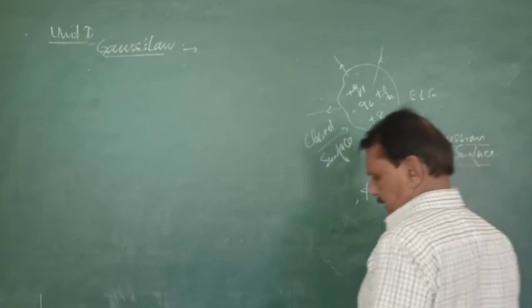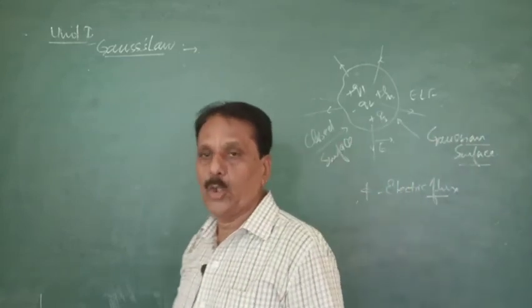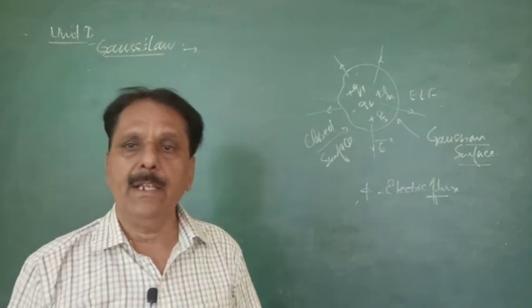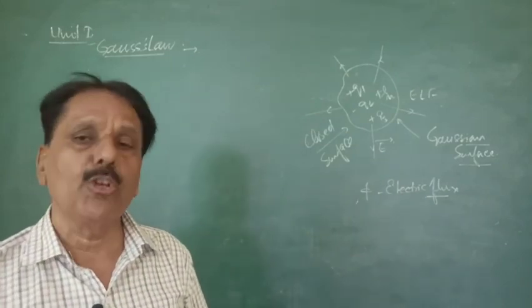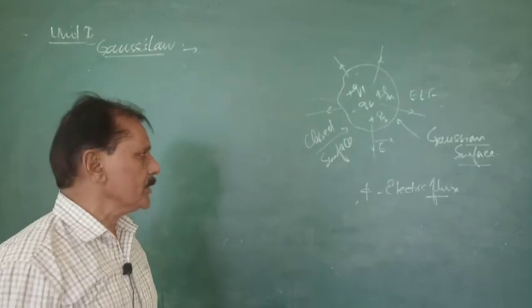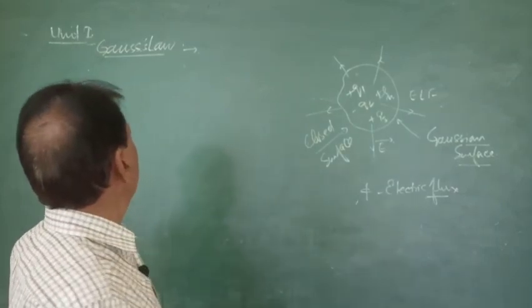Gaussian surface is a surface which should be closed and enclose a net amount of charge. It should not be zero but should be positive. Then and only then we can apply the Gauss law.